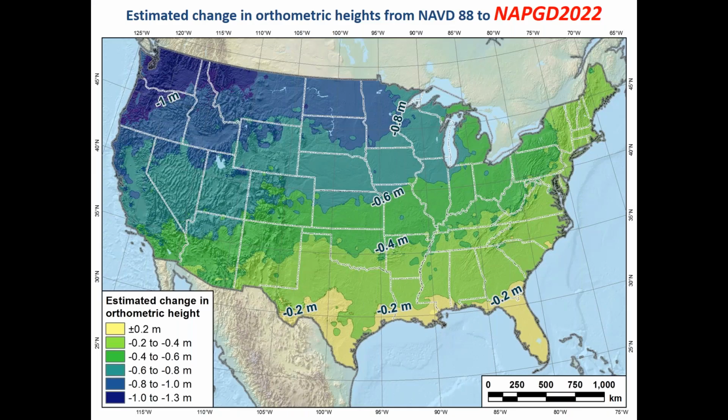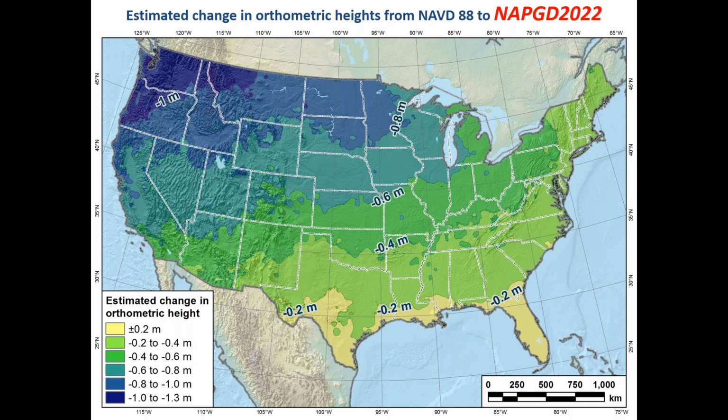So what do we expect for the change from doing this? Of course, we had one in the horizontal and the ellipsoid, and this is the change we're expecting for the CONUS. So you can see that we're going to have minus 2 meters down in the panhandle of Florida to minus a meter up, say, in, I guess that's Portland, or a little north of Portland in Oregon, Eugene.